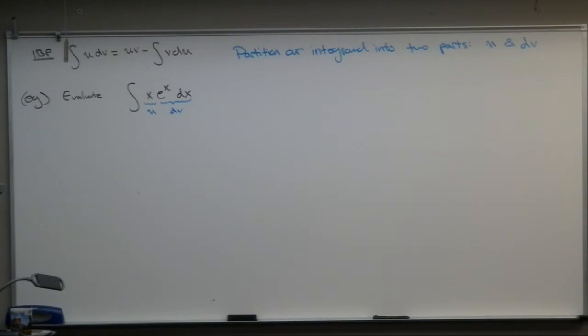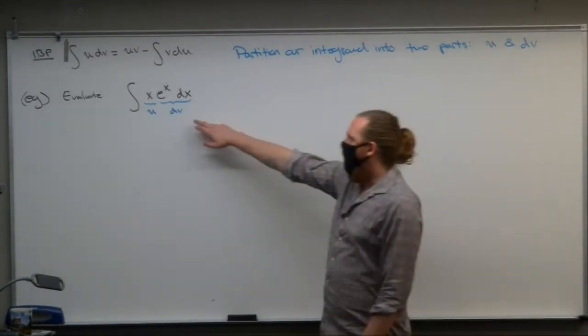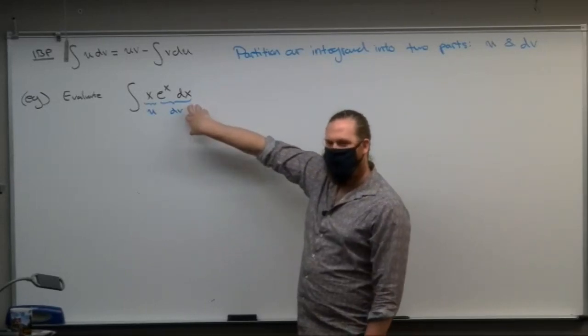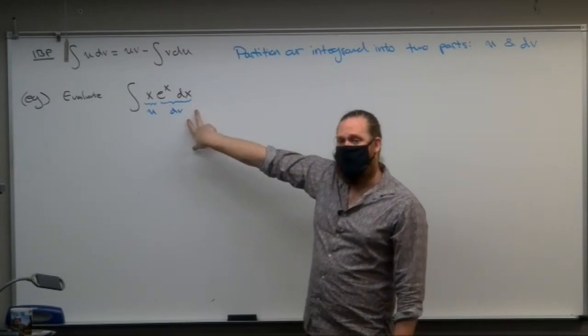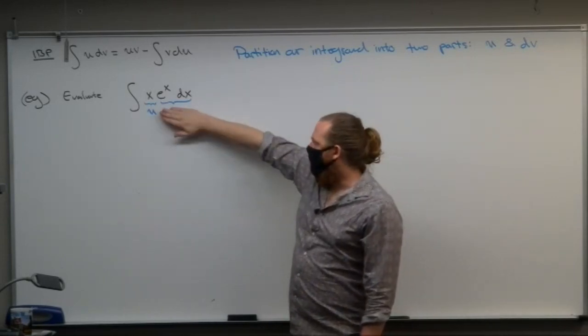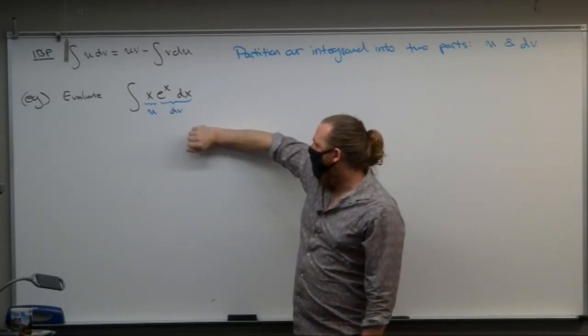Why do we call it dv and not like v? Because it includes a differential, right? Because it includes the dx piece there. It turns out the way you're going to choose this, your dv will always be the part that includes the dx, and these are both what are called differential one forms. So in order to have them be the same type of object, it's not quite appropriate to call this v.